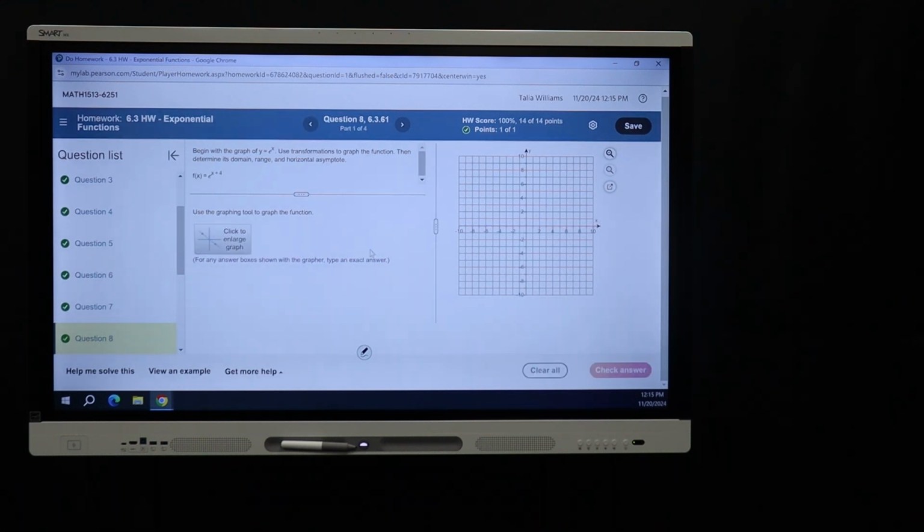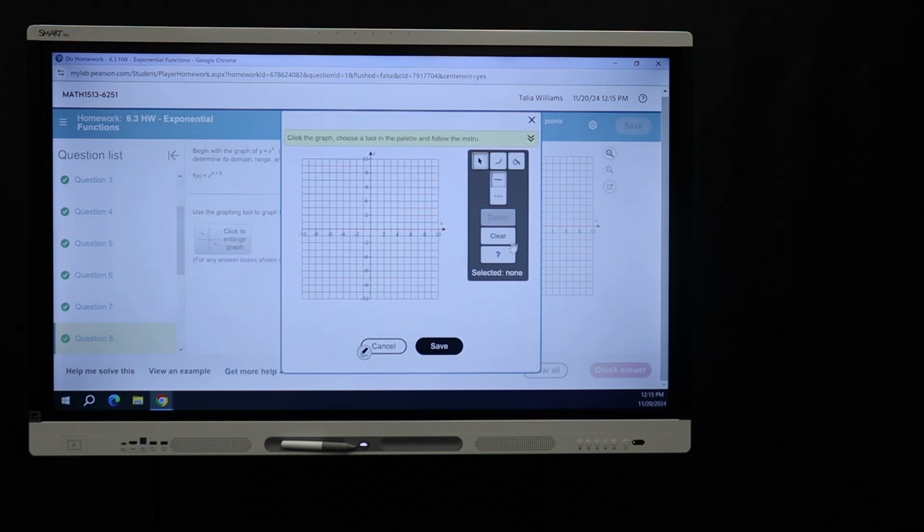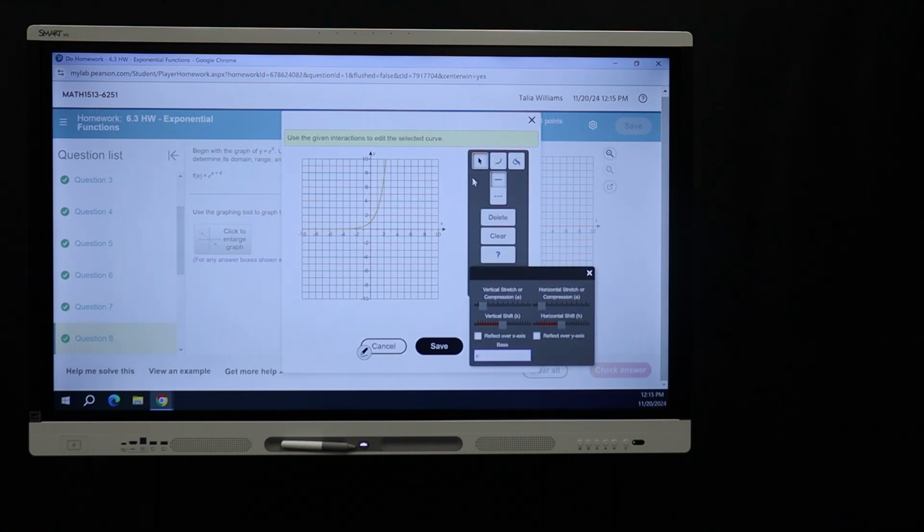Similar question. Click to enlarge. e to the x plus 4. So this one, they just give us the exponential tool. Click wherever, it's going to put it there. Our base is that e, and then we have to the x plus 4. Since it's with x, that's going to be a horizontal shift. When it's plus 4, though, it's always opposite. So we're going to go left 4. So our horizontal shift is going to go to negative 4.